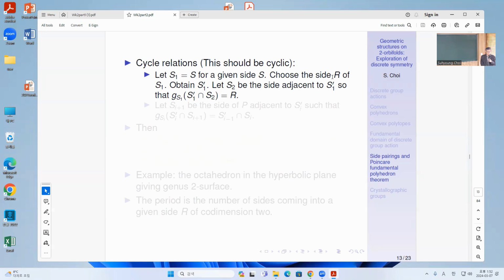You choose a ridge R, and then you obtain S1 prime, and then you get S2 prime, and so on. By induction, you can take S(i+1) to be the side of P adjacent to S(i) prime, so that gS(i) S(i) prime intersect S(i) is the same as S(i-1) prime intersect S(i).